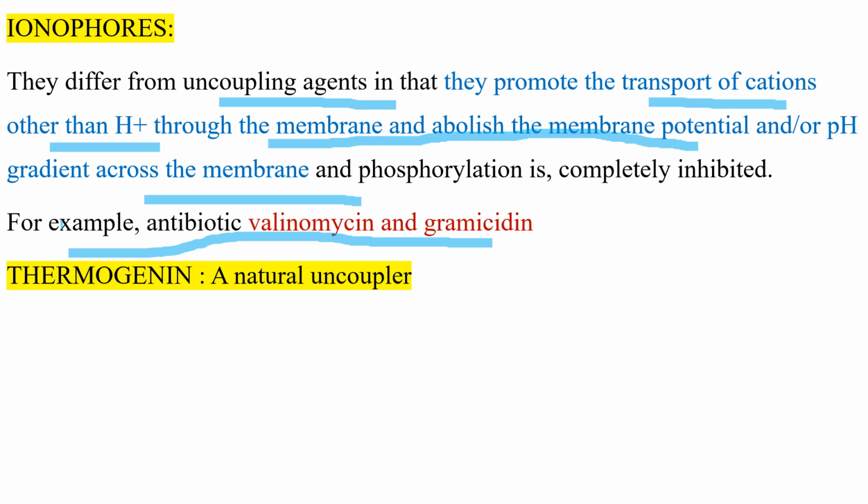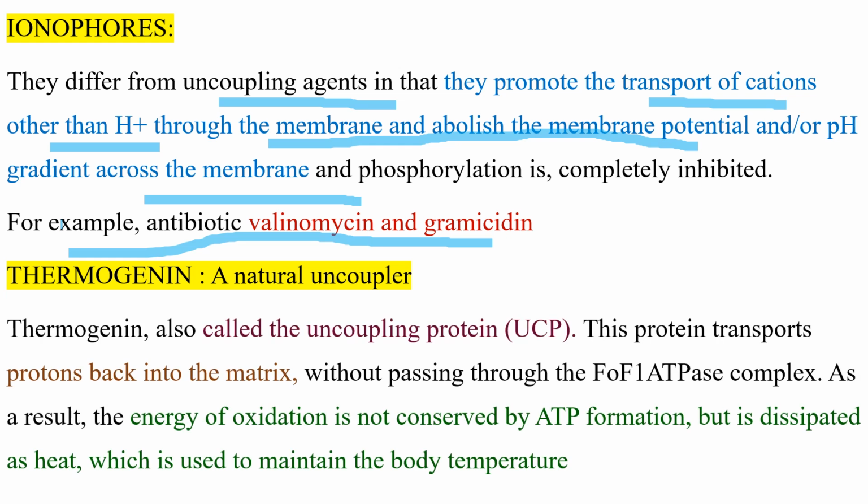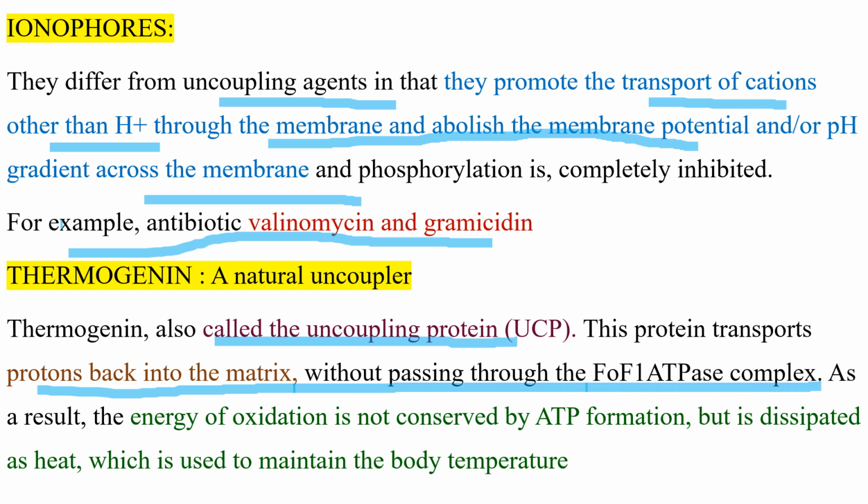The next is thermogenin, which is a natural uncoupler, also known as uncoupling protein, and this protein transports protons back into the matrix without passing through the F0F1 ATPase complex. So thermogenin transports the proton from the intermembrane space to the matrix without the ATP synthase complex.